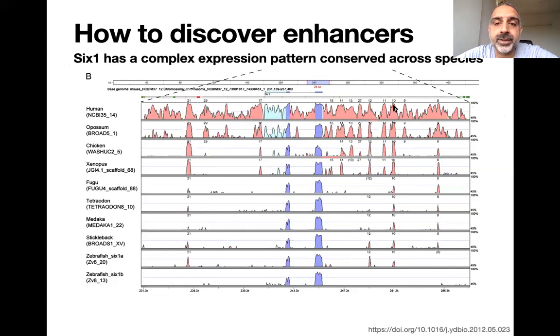And in the course of defining these highly conserved sequences, they've narrowed in on these numbered sequences here.